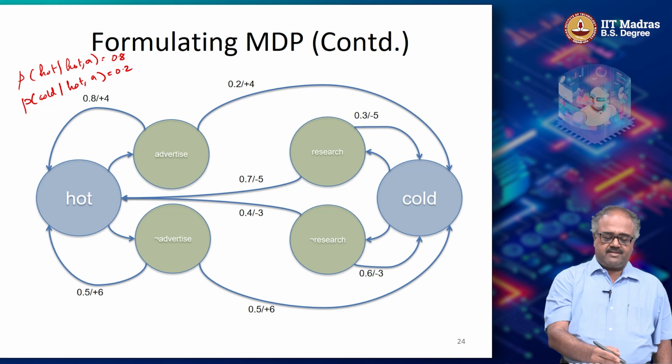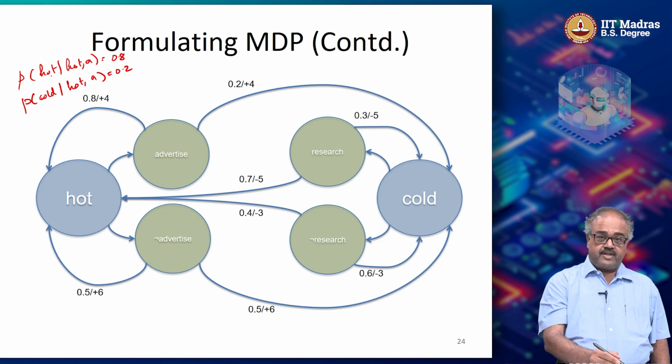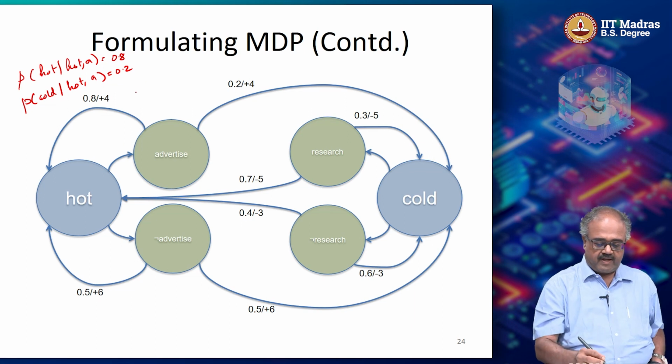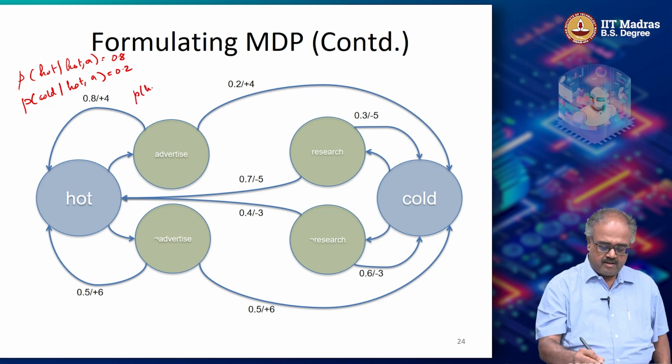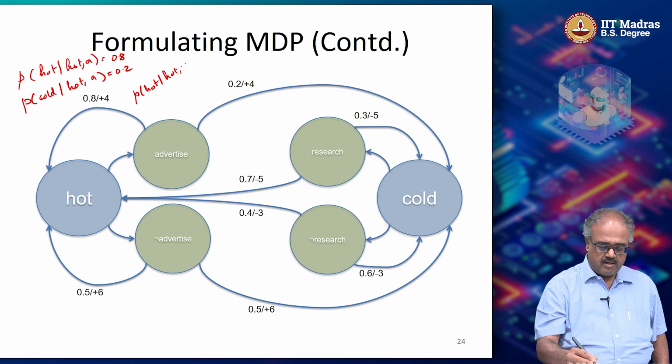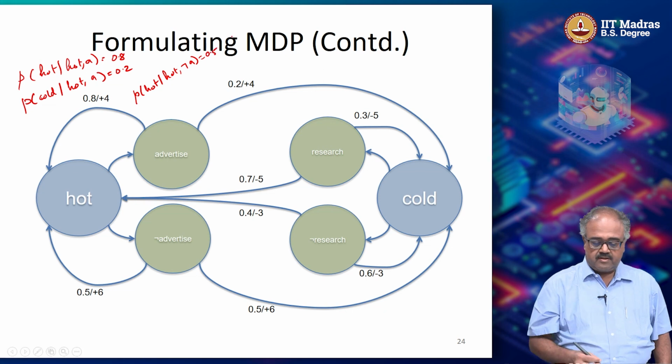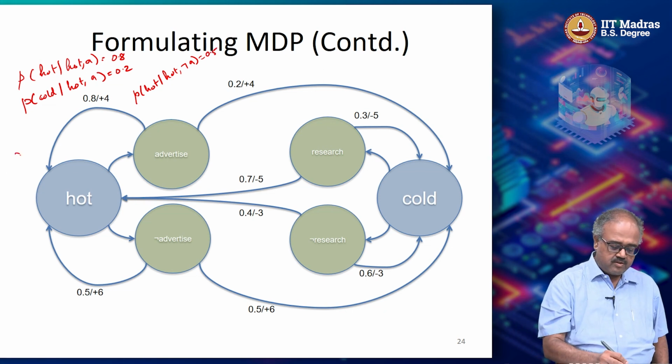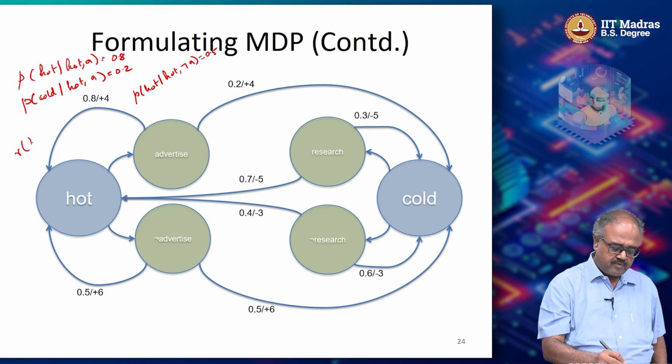Remember, this is P of S prime given S comma A, right? So that's basically what we have. Then again we have P of hot given hot comma not advertise equal to 0.5. So that's what we have. And likewise, the reward of hot comma A equal to +4.